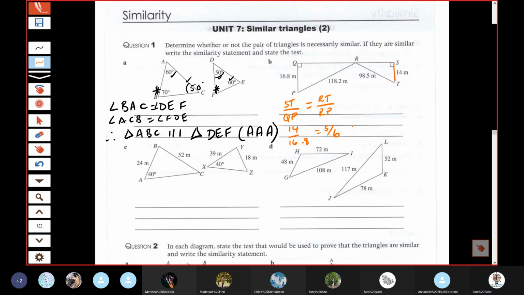And I don't have much more room. 98.5 on 118.2. If you plug it into our calculator, that should also give you 5/6.